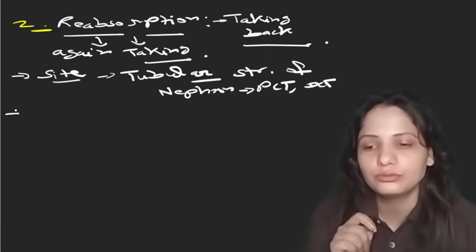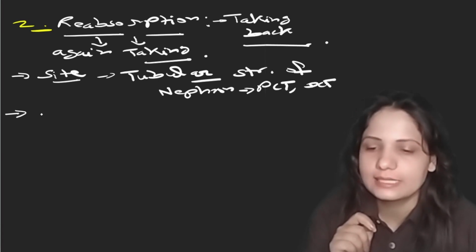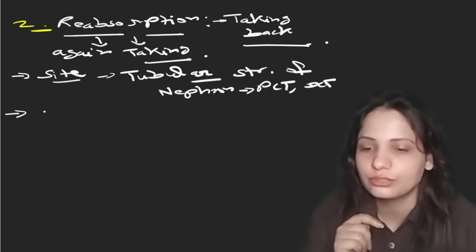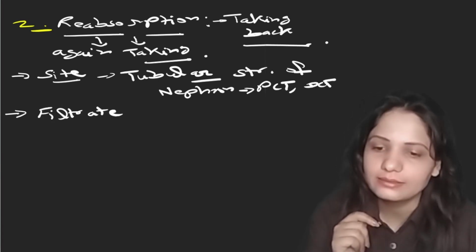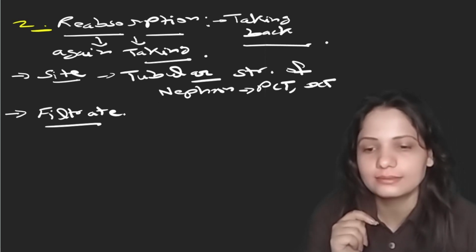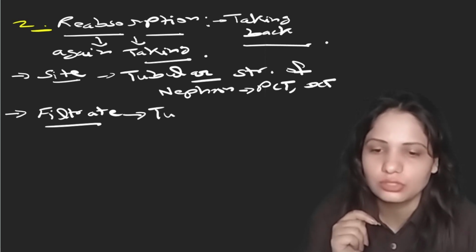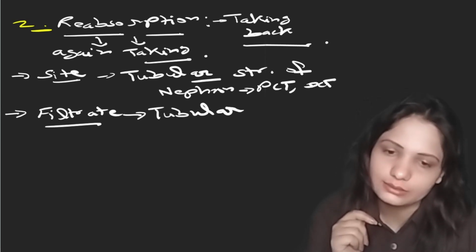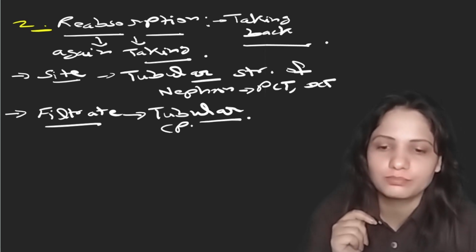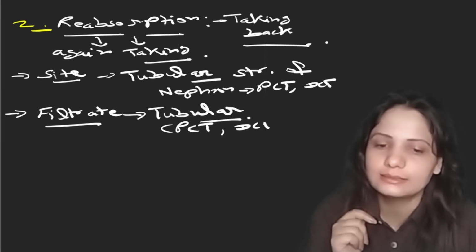So what I'm trying to convey is that after filtration, what we have is filtrate, and this filtrate further enters into the tubular structure, which is PCT and DCT.